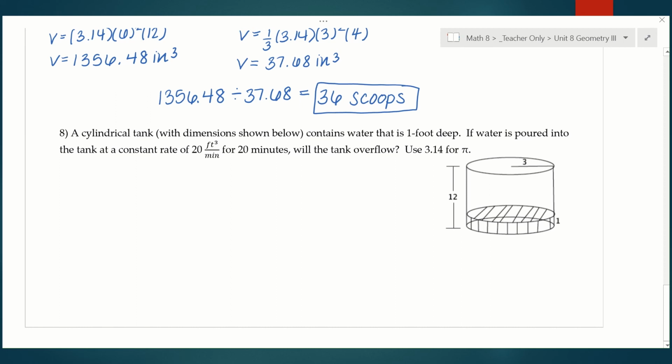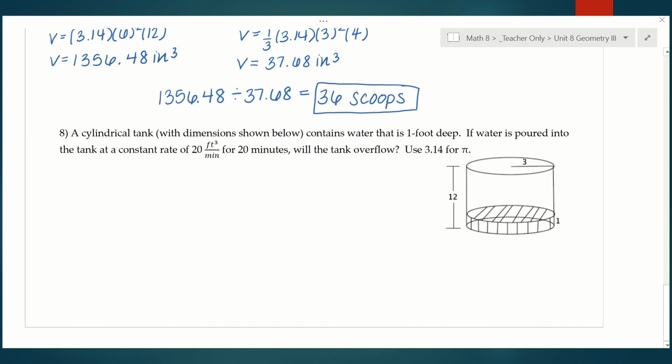Okay, so we have this tank. It already has a foot of water in it, and we are continuing to fill it up. What I want to figure out is if this tank is going to overflow if I continue to fill it for 20 minutes, putting 20 cubic feet per minute into it.